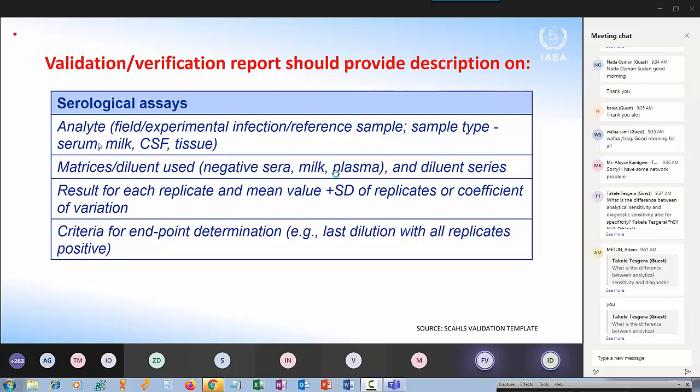So matrices or the diluent used, so the negative sera, the milk, the plasma, the dilution series. Results for each replicate must be described, and also the mean values, the standard deviation values of the replicates, the coefficient of variation as well. At the end, the criteria for endpoint determination, like the last dilution in which all replicates give a positive result, also have to be included in the verification report.